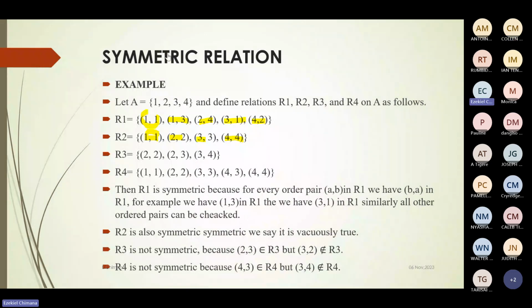Yes, you are correct. So it can be both. A relation can be both a symmetric and a reflexive relation. It's only that now we are focusing on a symmetric relation, but it is also a reflexive relation. Thank you for that contribution.